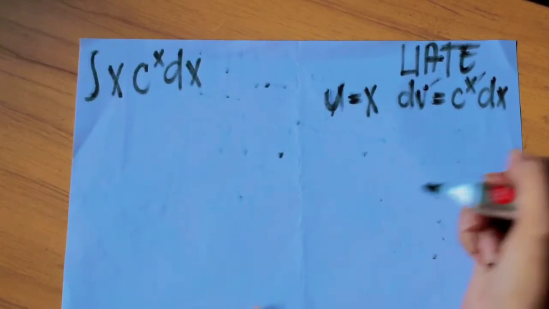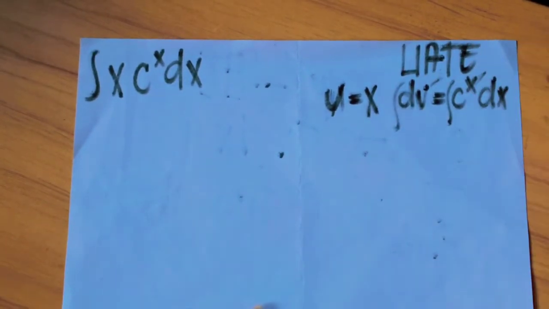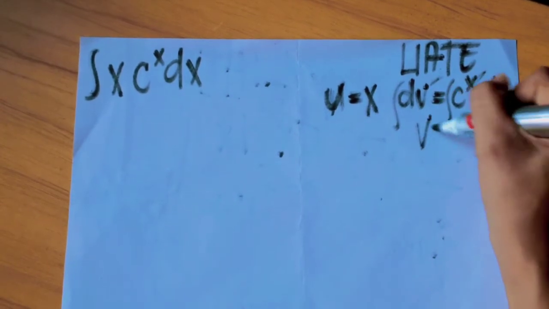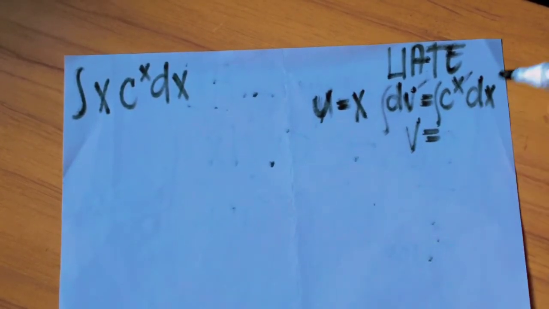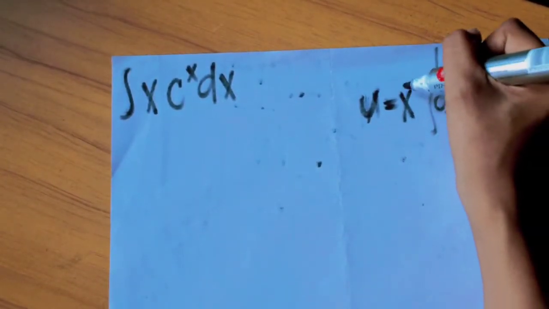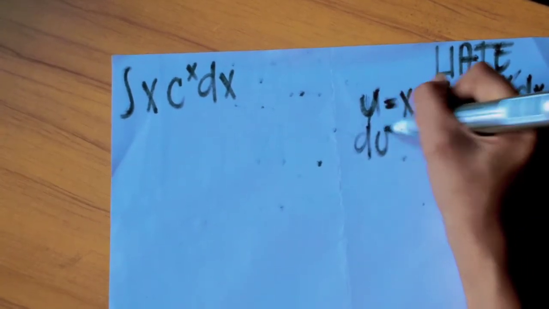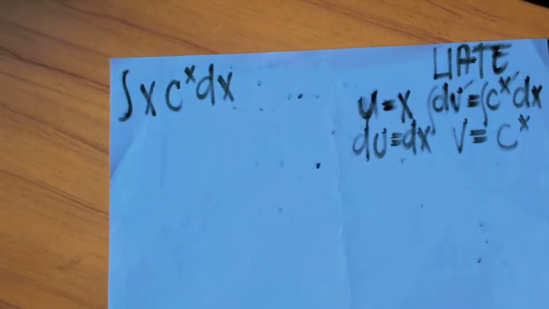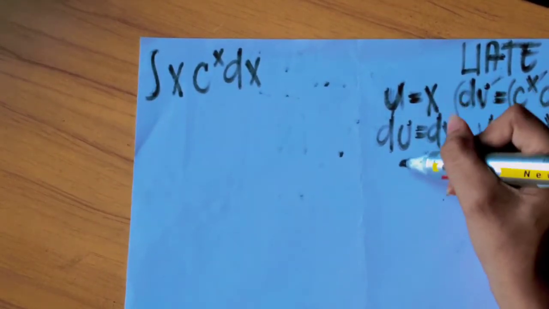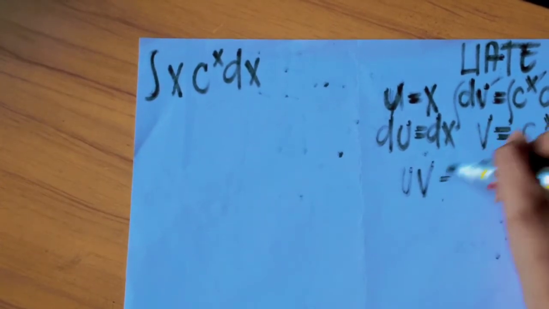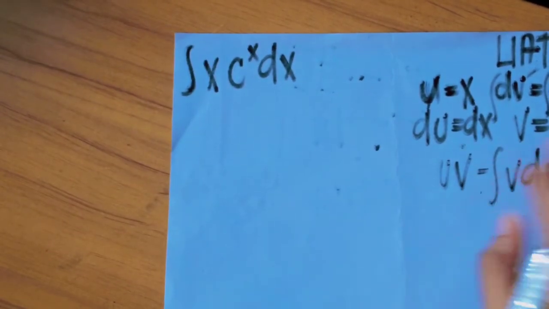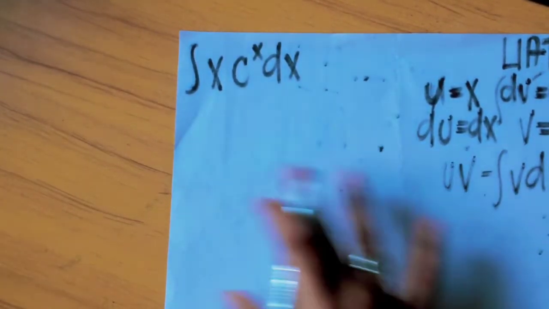By integrating this part, makukuha natin yung v. So, it would be e to the x. Then, the derivative of this is du over dx. By applying the formula uv minus the integration of v du, substitute lang natin yung mga value nito.